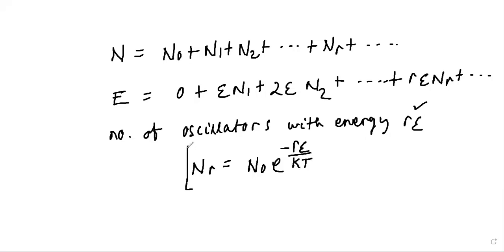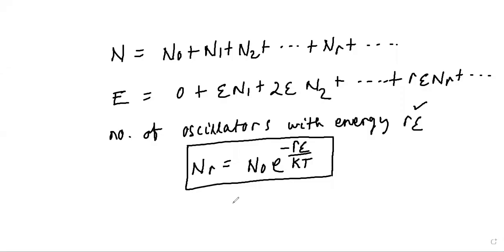From this distribution law, we can further find the Planck's radiation formula. So Nr is equal to N0 e to the power minus rE by kT.